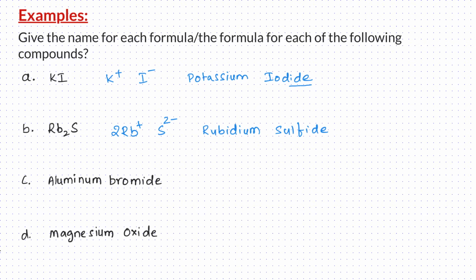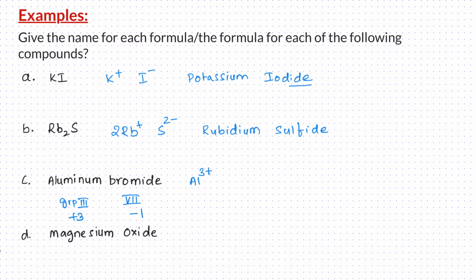The next example, we are given the name of the chemical compound and we are supposed to write the molecular formula of the chemical compound. The example is aluminum bromide. Aluminum is in group 3 and always forms a cation with a 3+ charge. That is, the cation in aluminum bromide is Al3+. Bromine is in group 7 and always forms an anion with -1 charge.